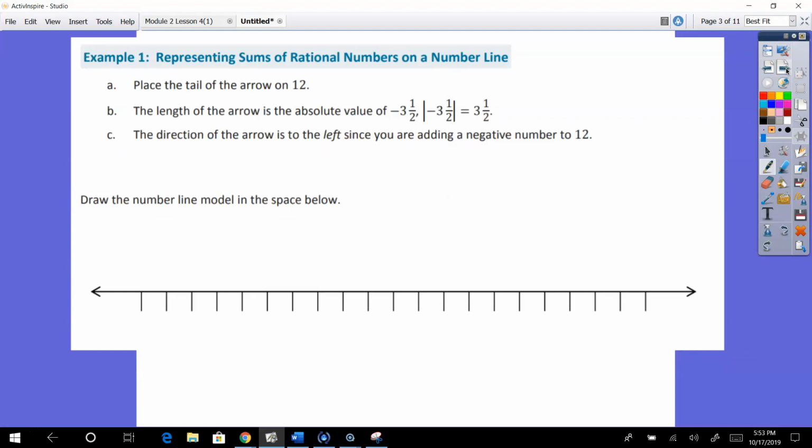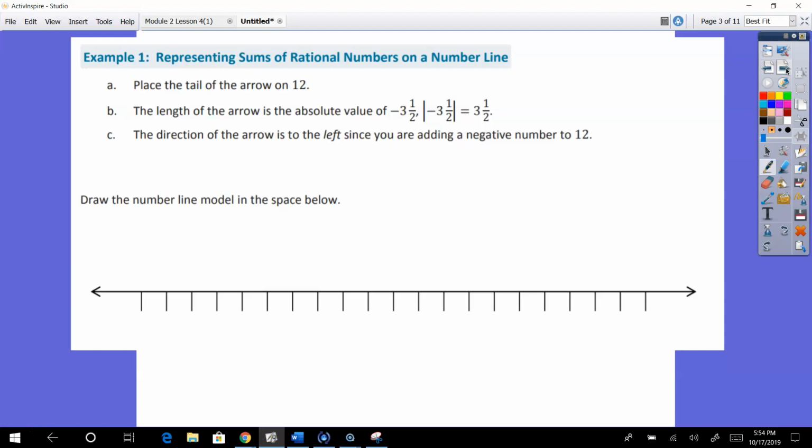Okay, in example 1, representing sums of rational numbers on number lines. So we're just representing the sum, the answer, on the number line rather than representing the entire problem. So step 1 is to place the tail of the arrow on 12.